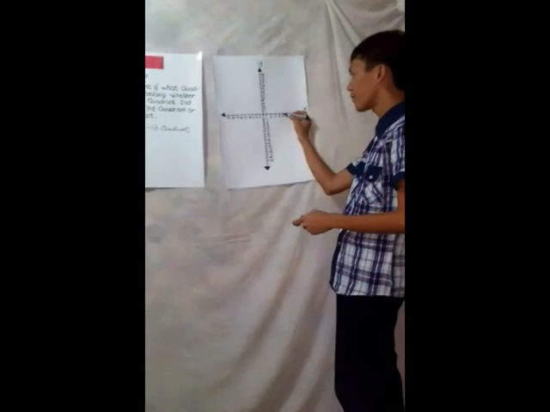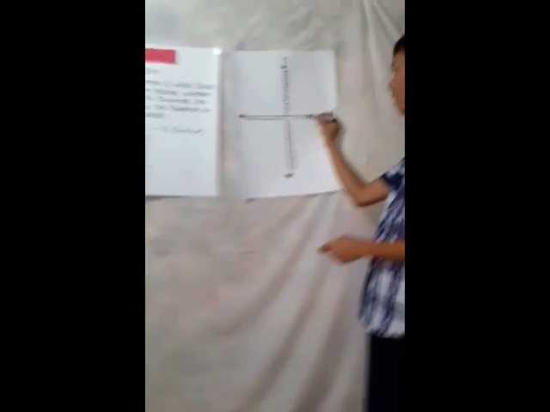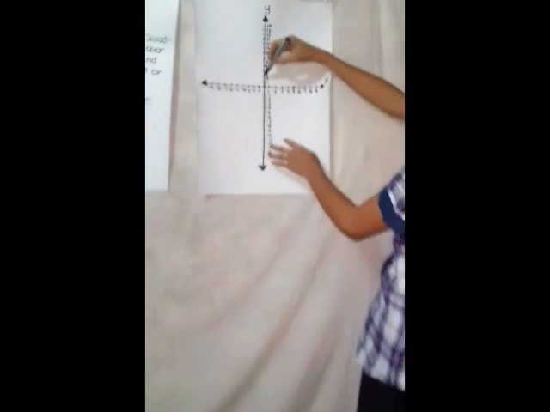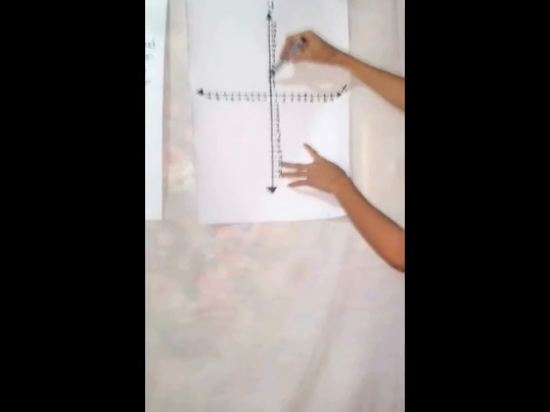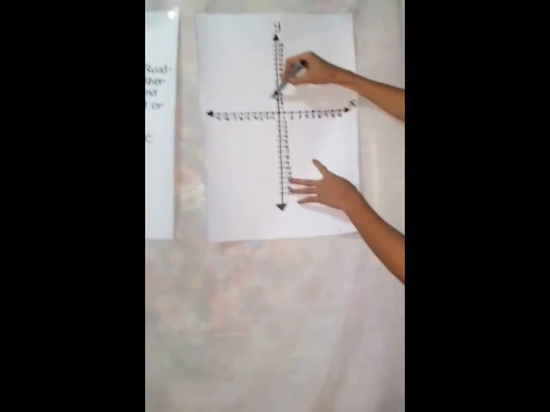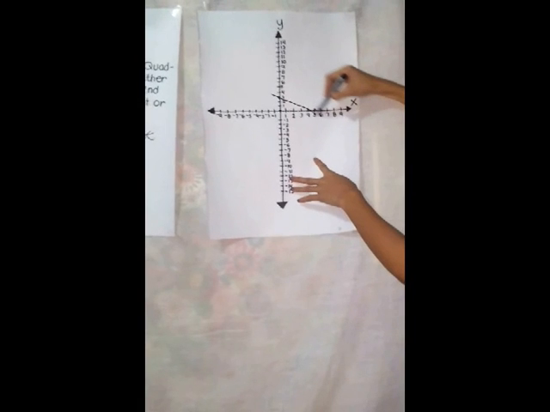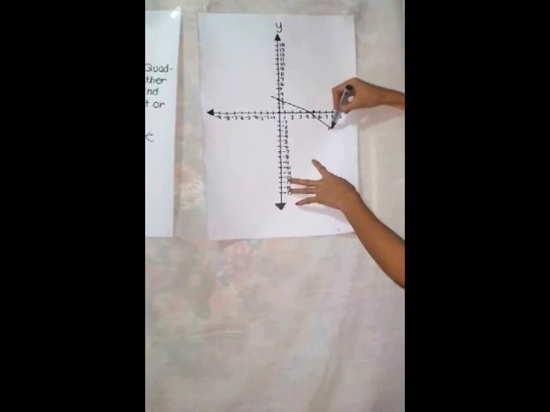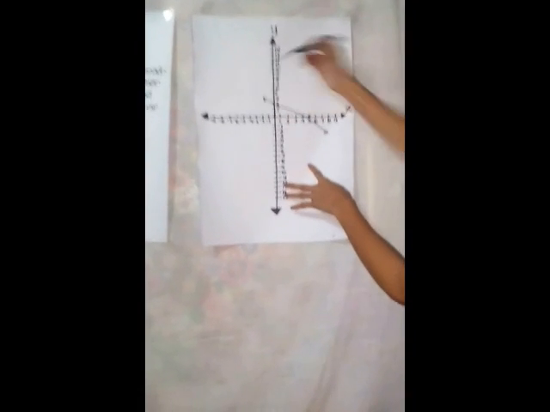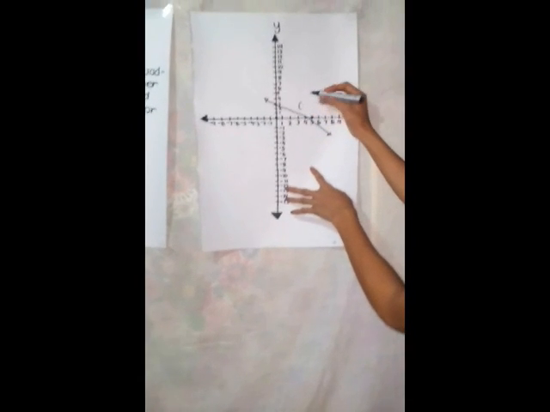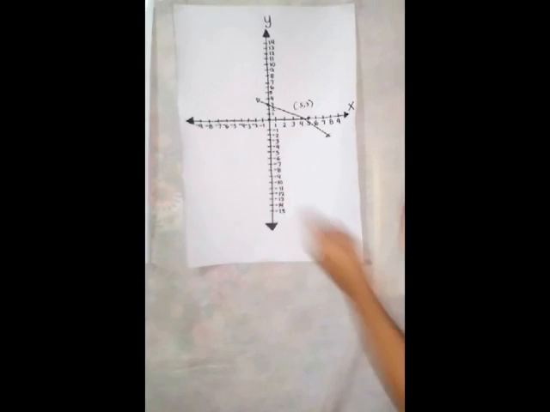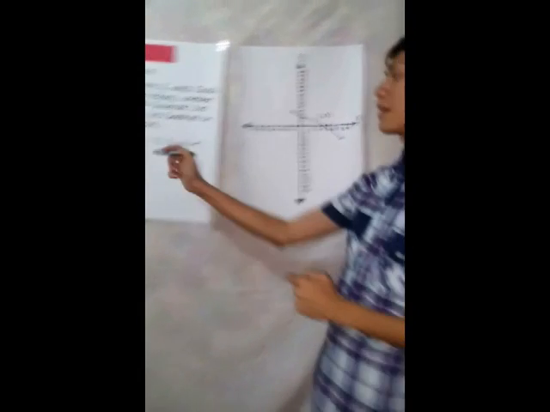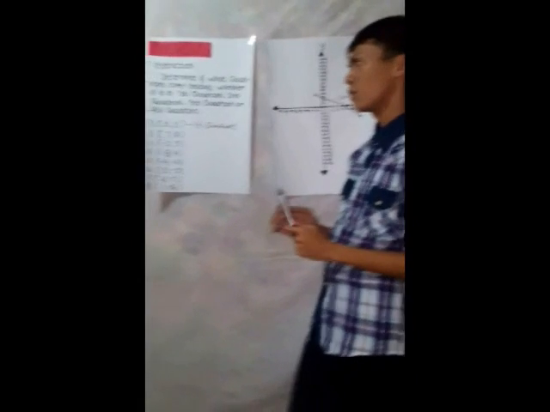Here's the 5. And this is the 3. So what we're going to do is have the line. Then we're going to write 5 and 3.